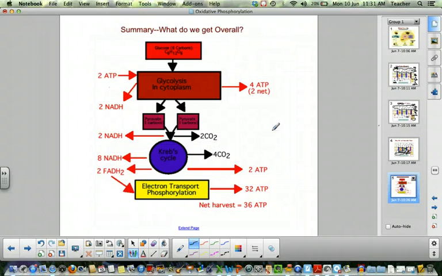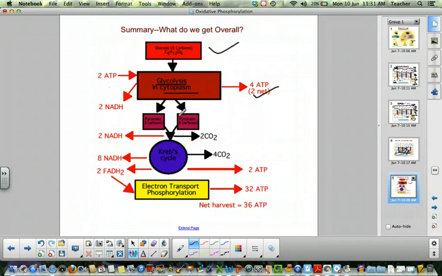To sum up, let's talk about in total what we get from this, because this is really important. Okay, so for one glucose molecule that goes through glycolysis, which happens in the cytoplasm, by the way, you get a total of 2 ATP. Okay?